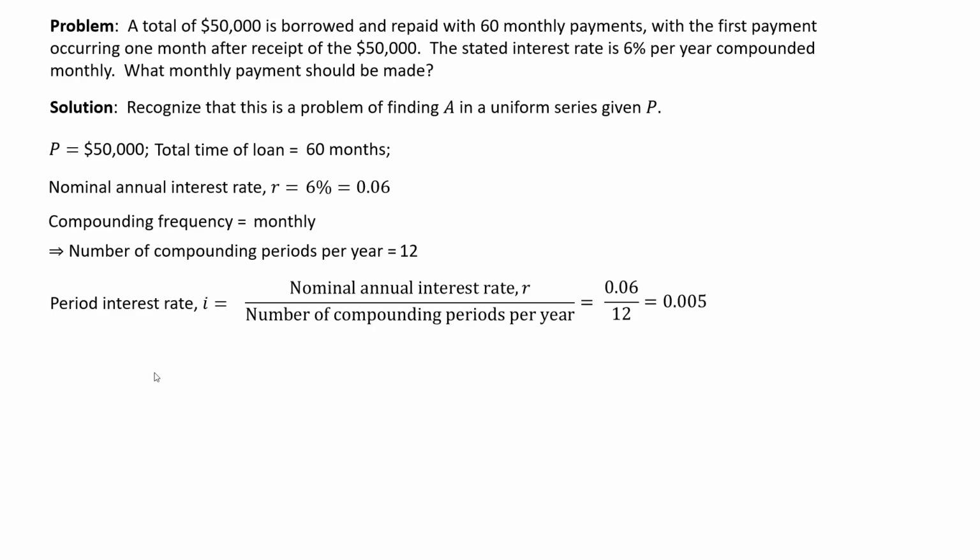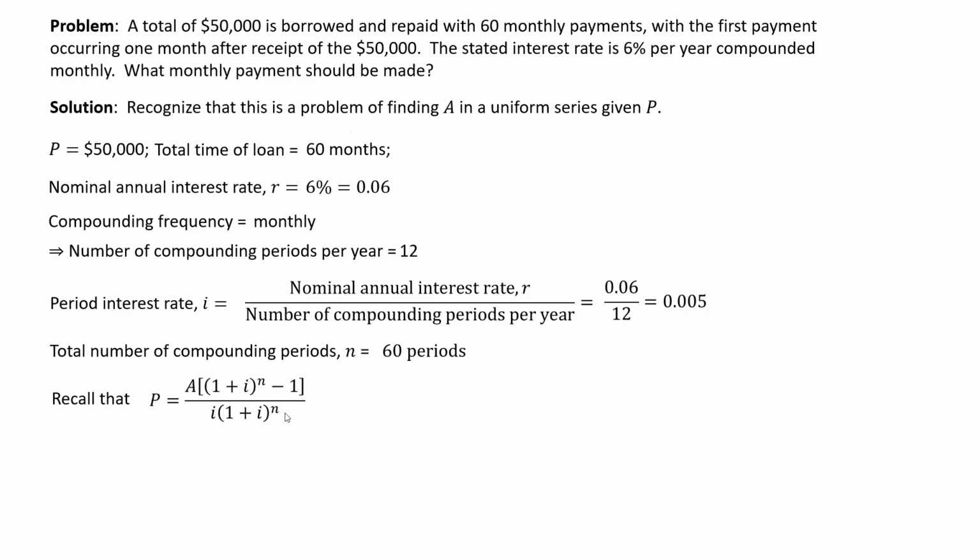So we got the period interest rate. The only thing is how many compounding periods in total. So that is the N, 60 months. And so that is the number of compounding periods, 60 periods, right? Cool. If they had said 5 years, we would have said 5 years times 12 is 60 periods. Okay. Recall that P equals A times (1 plus I)^N minus 1 over I(1 plus I)^N in this thing, and so we need to find A, and so we'll multiply by the reciprocal and plug and chug.